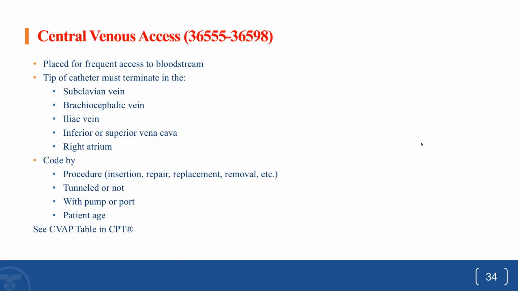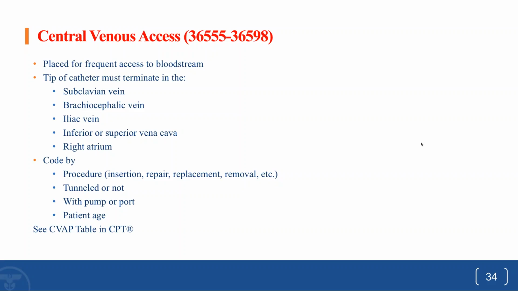So there's steps on how to use this table. Usually in the question for you to know to come to this page, it will state that the provider was going to perform a central venous access procedure. Once you see central venous access and you know you're in the 30,000s, you should be on page 240.